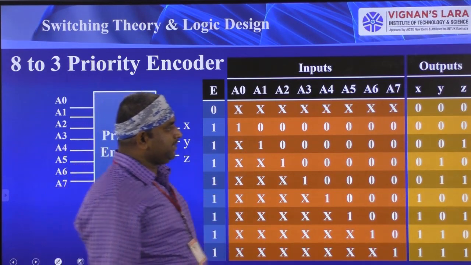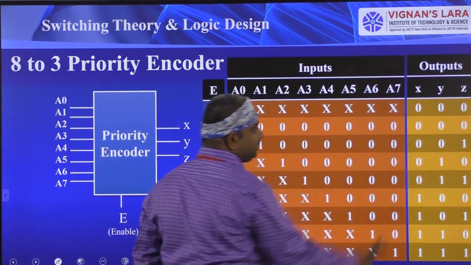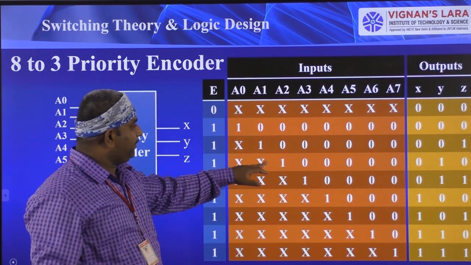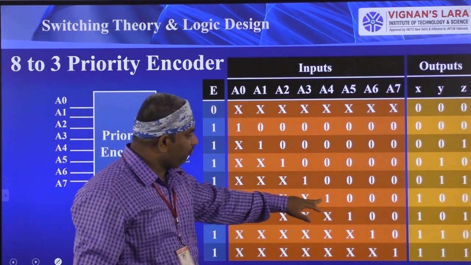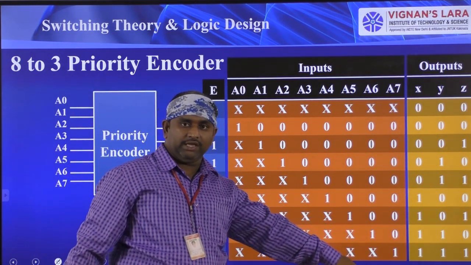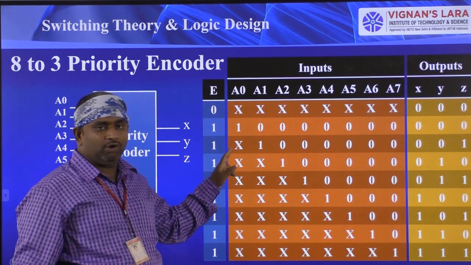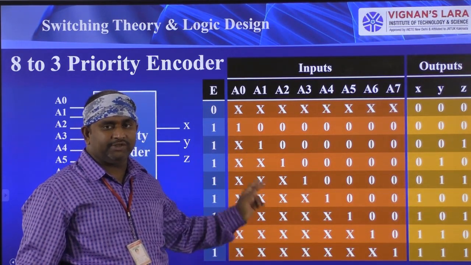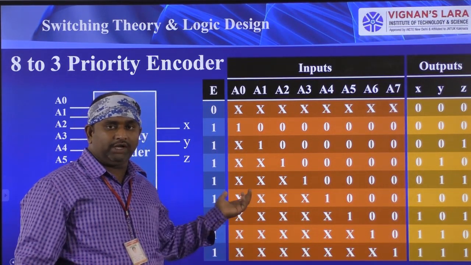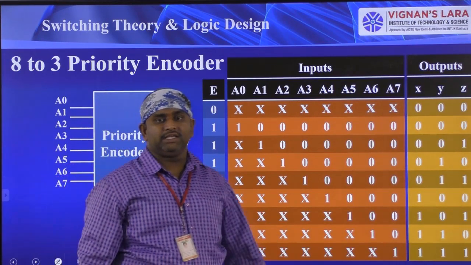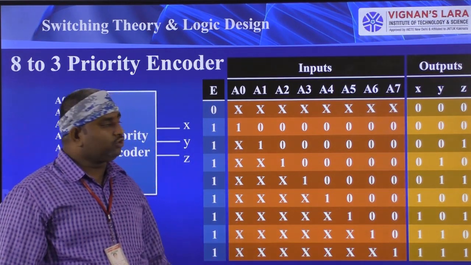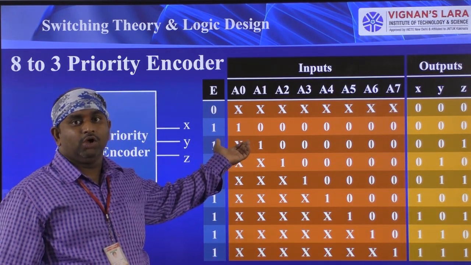So for example, see here Z is equal to A1 plus A2 plus A3 plus A4 plus A5 plus A6 plus A7. Right? So if you got all zeros, you have to take that, otherwise you can take the remaining. If you get any remaining combination, you can take it as don't care combination. So here 8 inputs are available, 2 power 8.